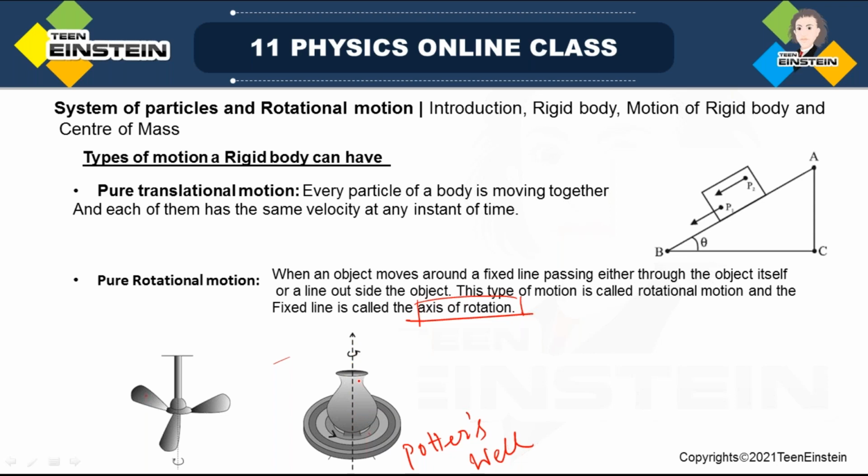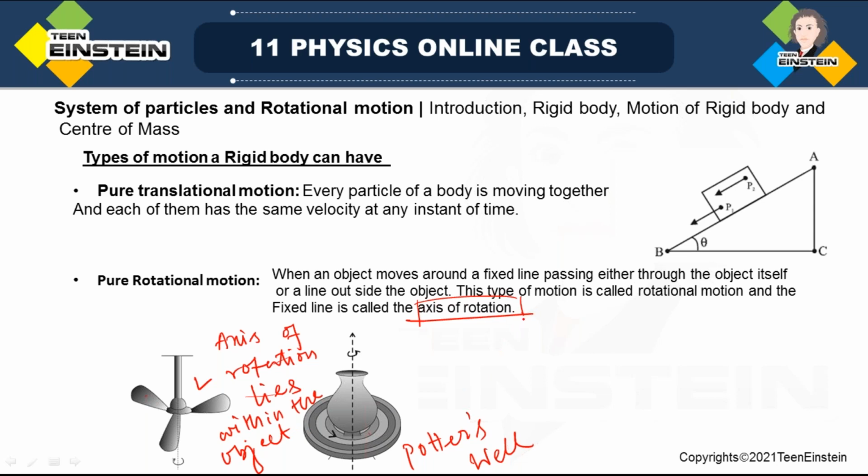That means the axis of rotation can lie within the object. In these two objects, this is the axis of rotation for both of them. The axis of rotation lies within the body, within the object itself.